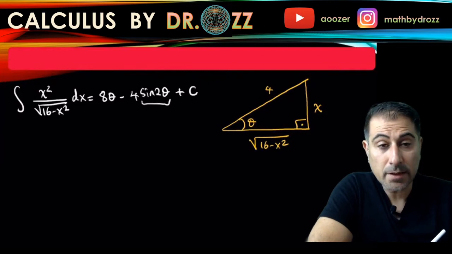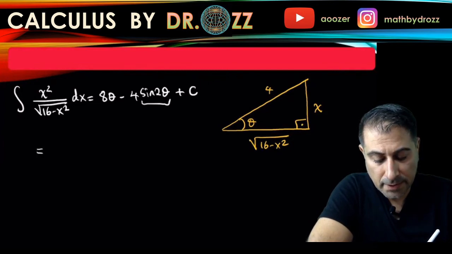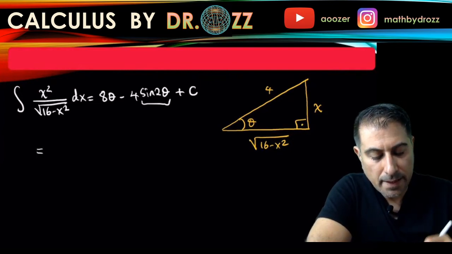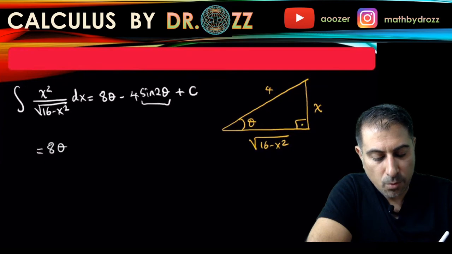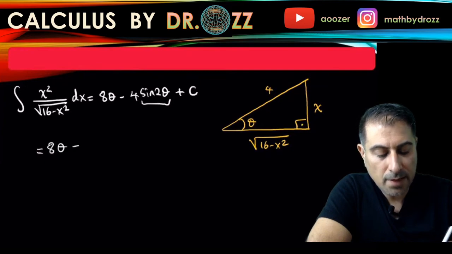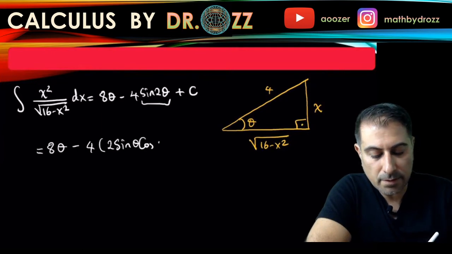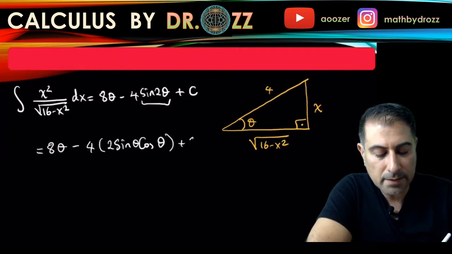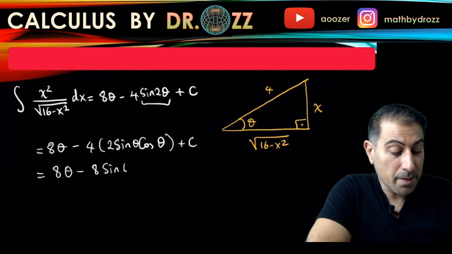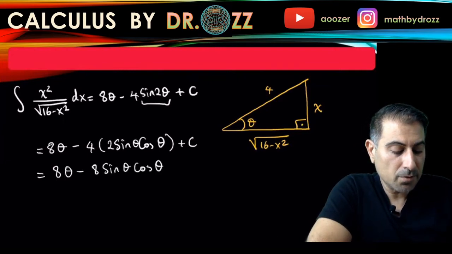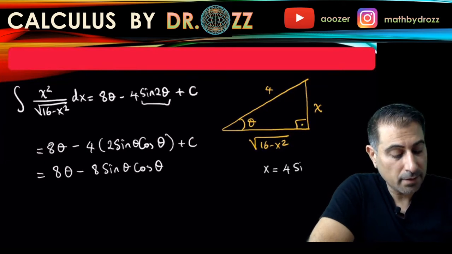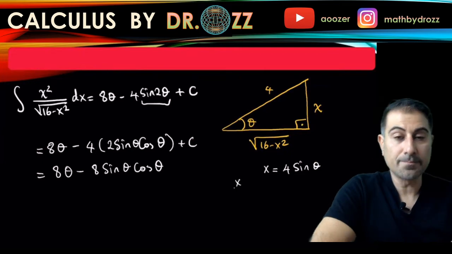Go ahead and check the double angle formula from trig for sine. So this is 8 theta minus 4 times 2 sine theta cosine theta plus c. So in other words, it's 8 theta minus 8 sine theta cosine theta. And remember that we had the substitution x equals 4 sine theta. In other words, x over 4 equals sine theta.